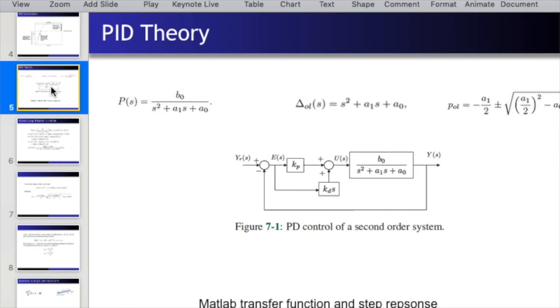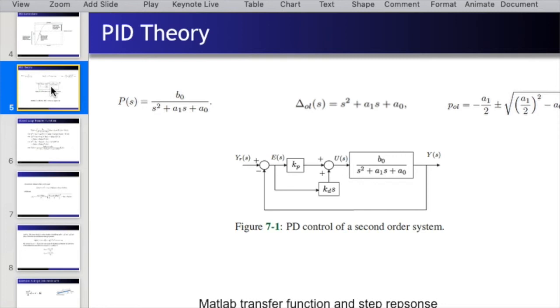The coefficients in the numerator for s squared is 0, for s is 0 again, and for the constant part it is b0. That's the numerator part. For the denominator, it is 1 for s squared, then a1, and then a0. So that's how you enter a transfer function.